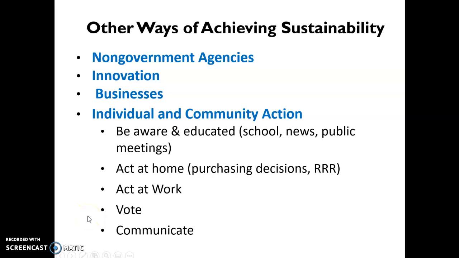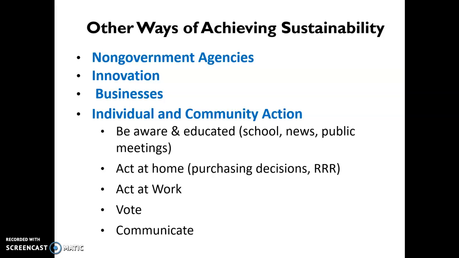So here are some other ways of achieving sustainability, not just through governments, but non-government agencies. Innovation from companies, maybe coming up with environmentally friendly technologies as opposed to using fossil fuels. Businesses may achieve sustainability. I think I already told you about a company called Lightolier in Massachusetts, that found that they could save their business millions of dollars by changing some of their processes when they built commercial lighting.